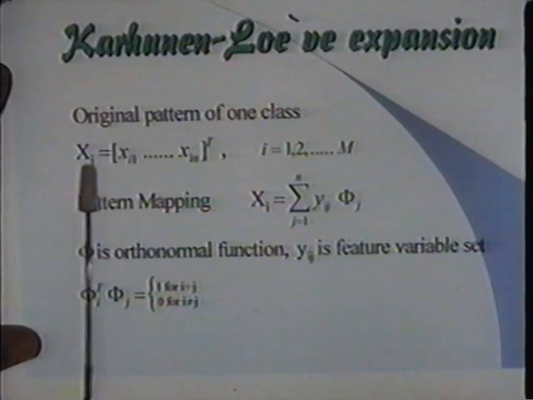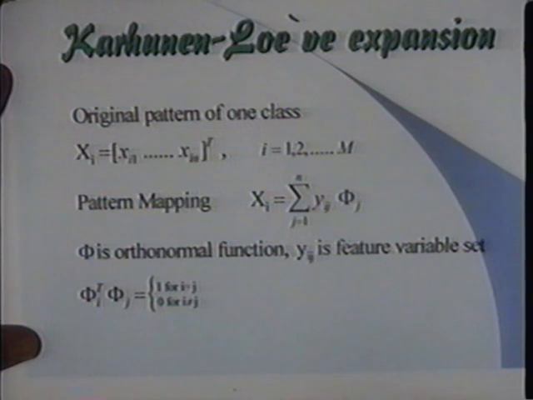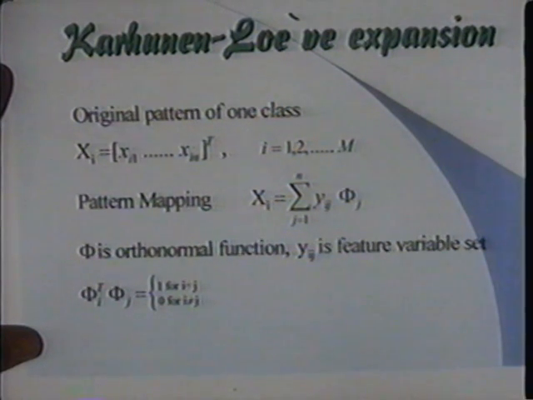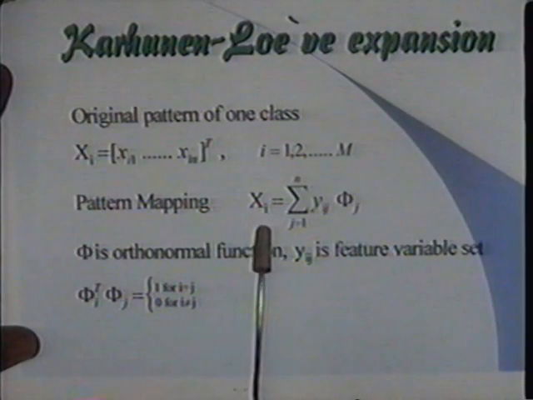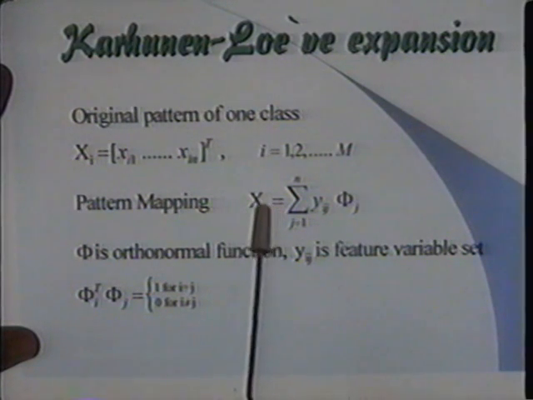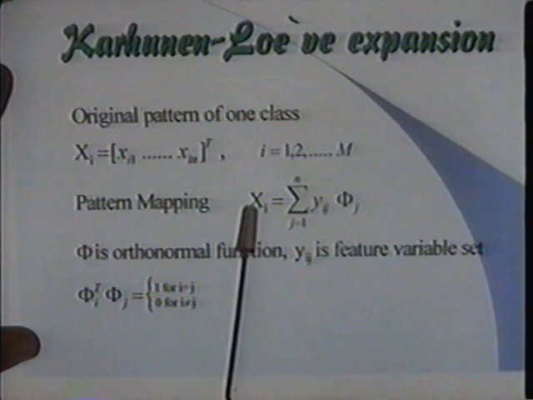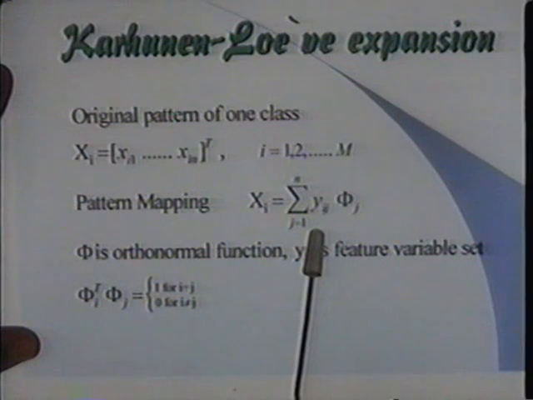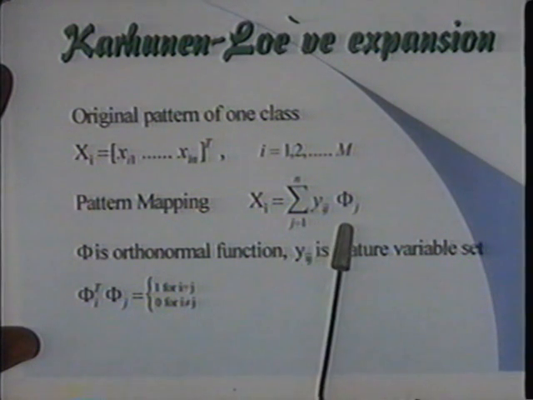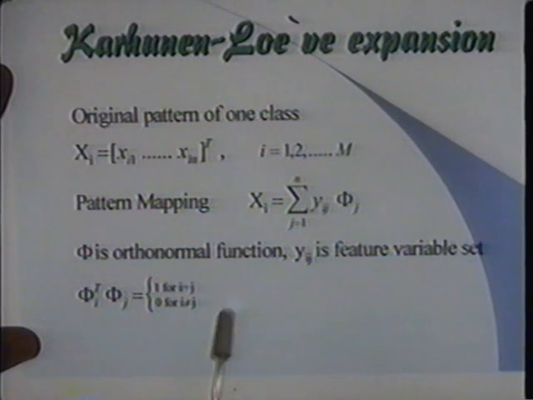How do you do that? It's very simple. You look at the original pattern, X, and then we do the pattern mapping, which is basically trying to come up with another X, hopefully the same as this X, equal to Y multiplied by phi. Phi is a matrix, called an orthonormal function.